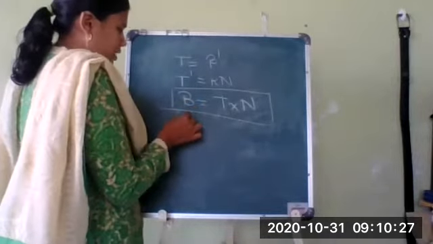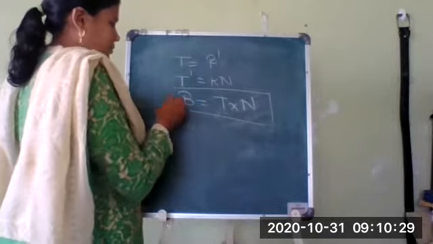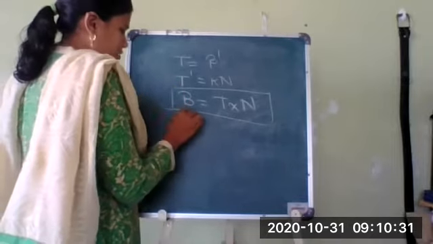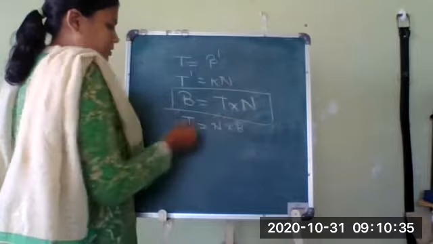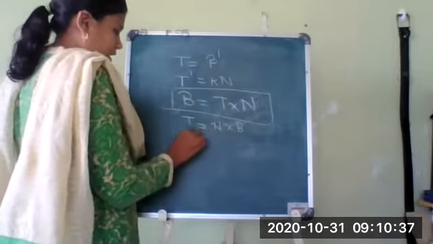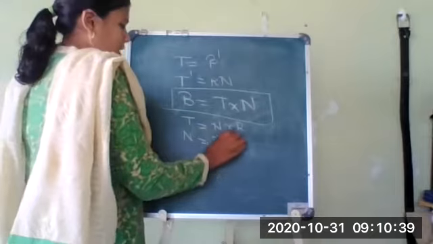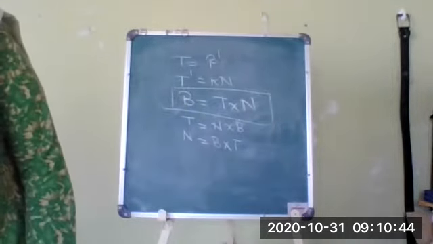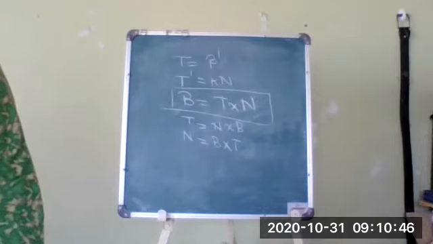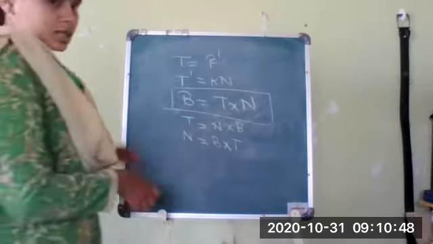So if B is equal to T cross N, using the box product, can I write T is equal to N cross B? And the next thing I can write, N is equal to B cross T. As it is a box product property, we can write these things.